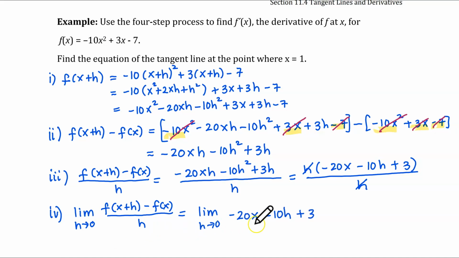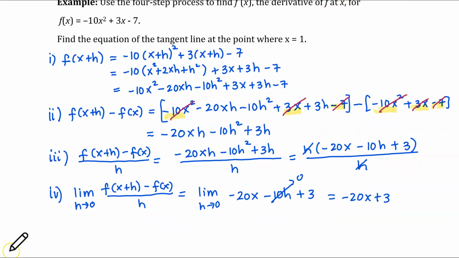So as h approaches 0, this term here goes to 0. So therefore the limit here is equal to -20x + 3. And so based on the definition, we say that the derivative of the function at any x is given by -20x + 3.